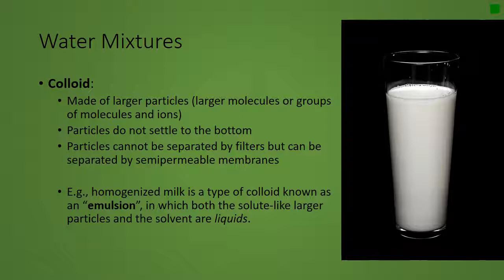The solute particles still don't settle to the bottom of the container, and they still can't be separated by filters, but they can be separated by a semipermeable membrane. A great example of a colloid is homogenized milk. Its specific term is emulsion because both the solute and the solvent are liquids.